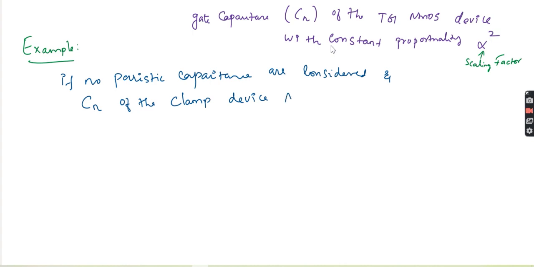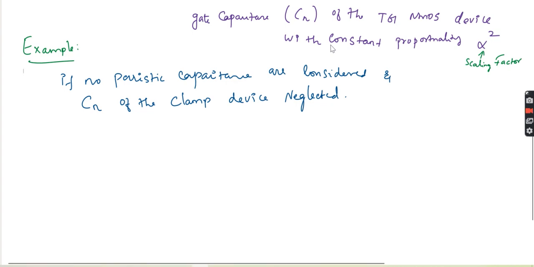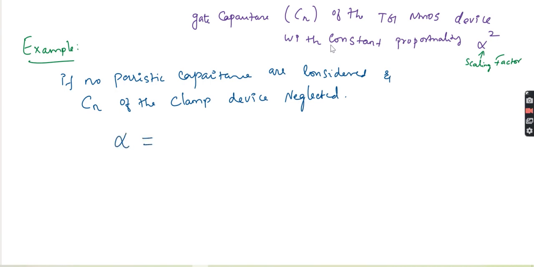The clamp device is neglected. So if you are not considering the parasitic capacitance, then the gate capacitance of the clamp device will be neglected. So from that, we can say alpha is equal to Cn plus Cp divided by Cn. So here I will consider this equation number 1. Alpha is equal to Cn plus Cp by Cn.